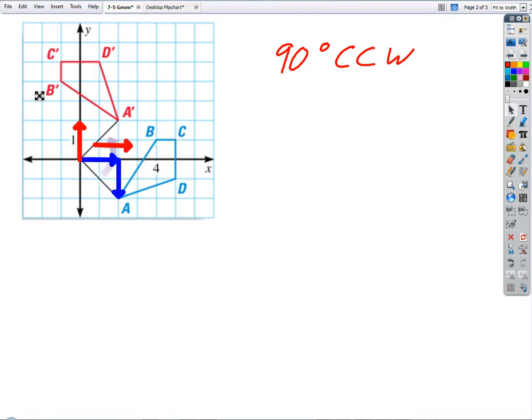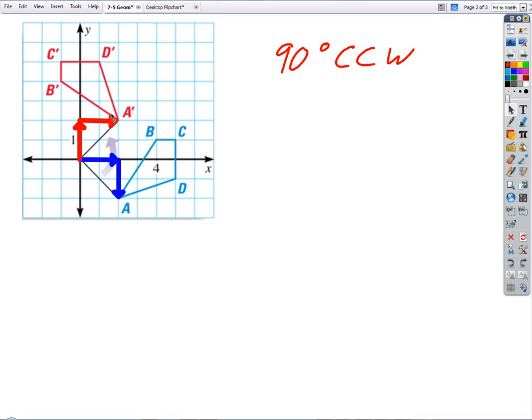Put those together, that's where we end up, right? So what used to be 2, negative 2, now becomes, the y value is 2 and the x value is 2, so 2, 2, right? That makes sense? That always works. Just break it into horizontal and vertical arrows, vectors, rotate the vectors, you got it.